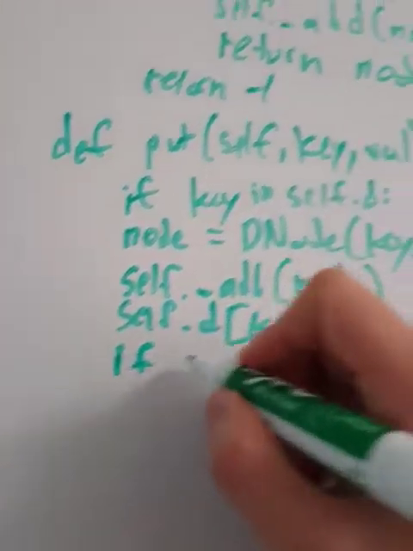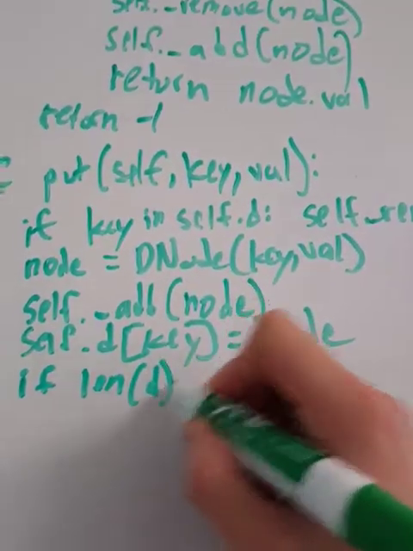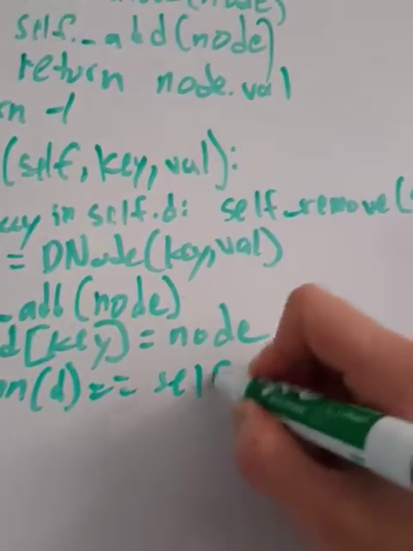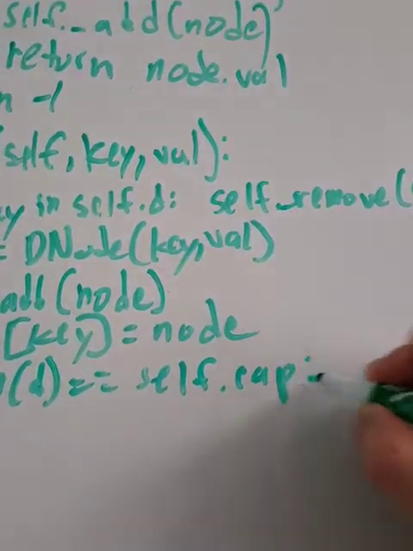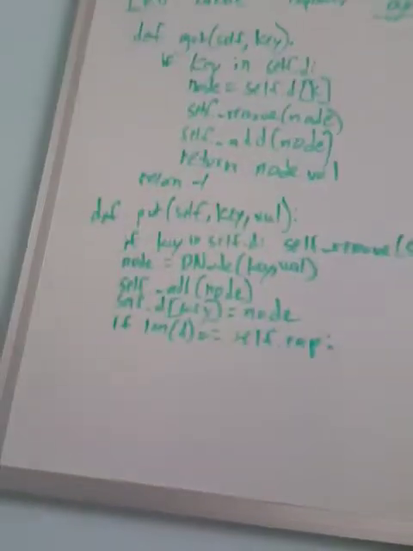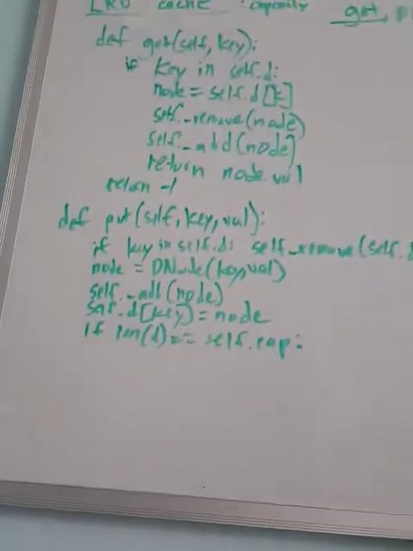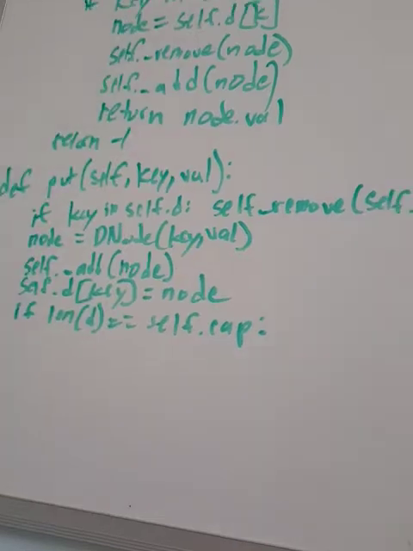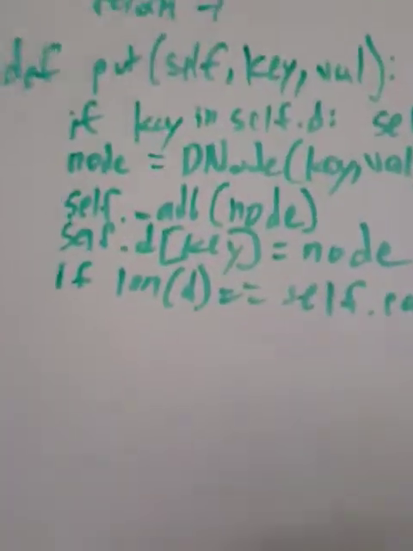So we need to do if length of d is equal to self.cap. Then we need to remove from the head of our linked list, of our doubly linked list, because like I said before, our head is our least recently used, right?